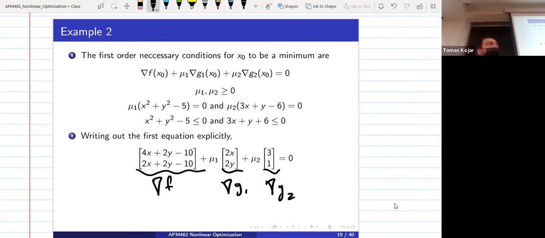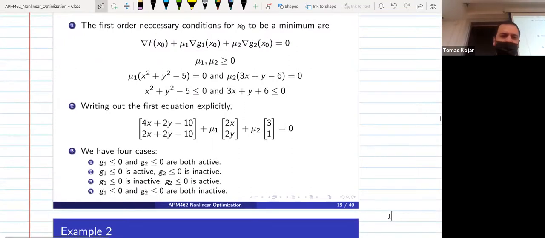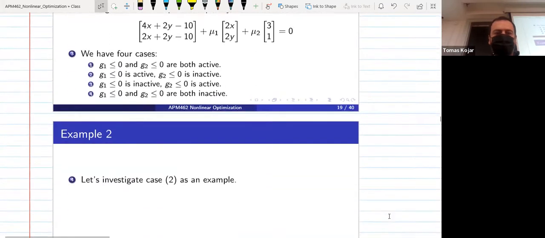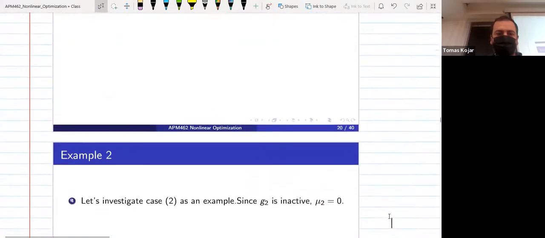And then I plug in the point 1, 2. Whatever, let's do it. But I will give you the local min, so you don't have to do this. This is if you don't know the local min.